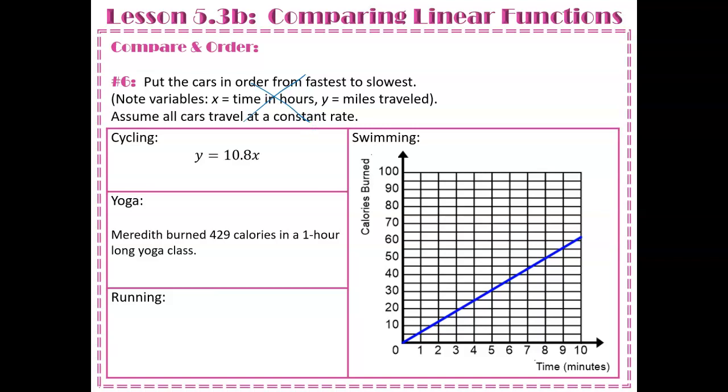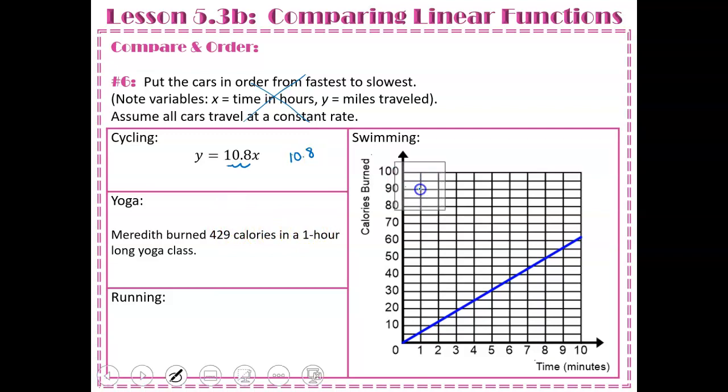X is time in minutes and Y is calories burned. Assume the rate at which you burn calories in each of the exercises is constant. So here the M for cycling is about 10.8 calories per minute. Meredith burned 429 calories in an hour-long yoga class.